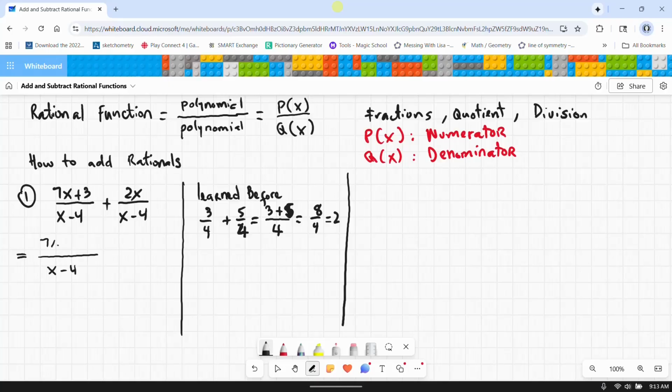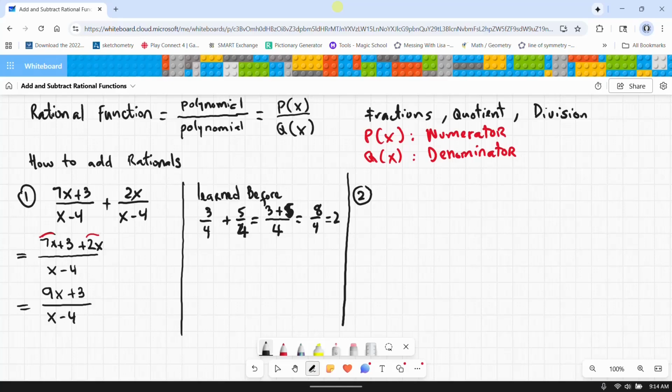So we have 7x plus 3 plus 2x. We keep simplifying this: the denominator x minus 4 stays the same, and 7x plus 2x, those two have the same letter x, so they combine into 9x plus 3. Then we're done.